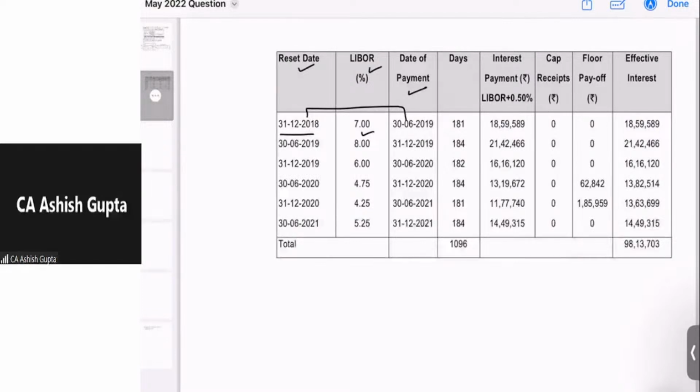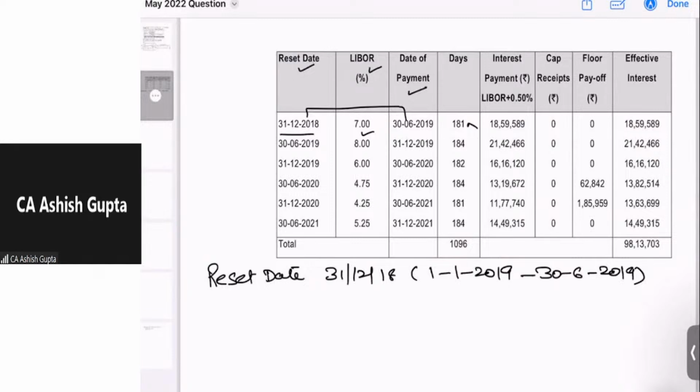I will show how you calculate it, and accordingly this interest will be there. First we do it step by step, then I show you each item of the table. First is how we calculate the number of days, which is important for us. The period applicable is 1/1/2019 to 30th June 2019.